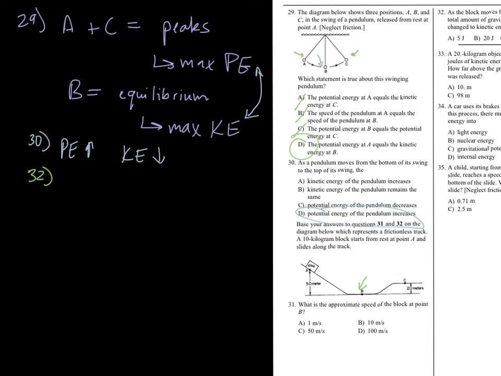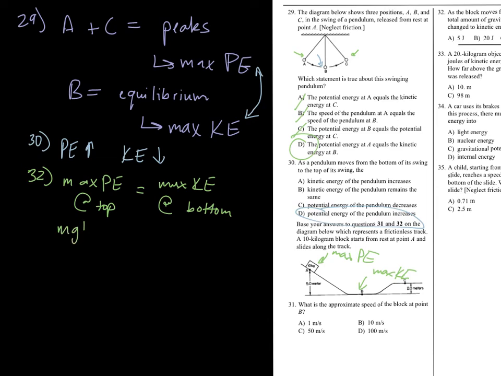Now if you know, here at the top we have max potential energy, which always converts into max kinetic energy at the bottom. So we should know that the max potential energy at the top should equal the max kinetic energy at the bottom. So what is the potential energy here? mgh.